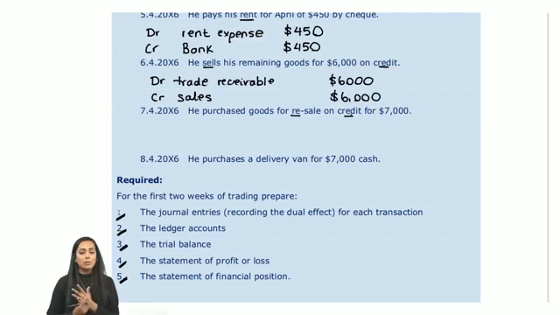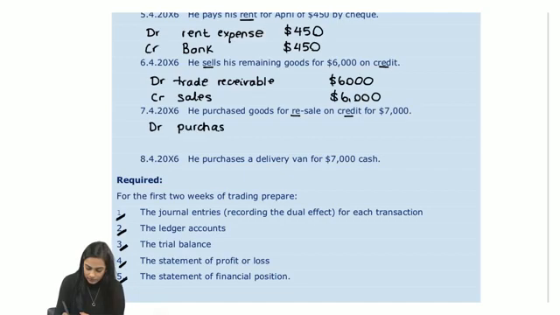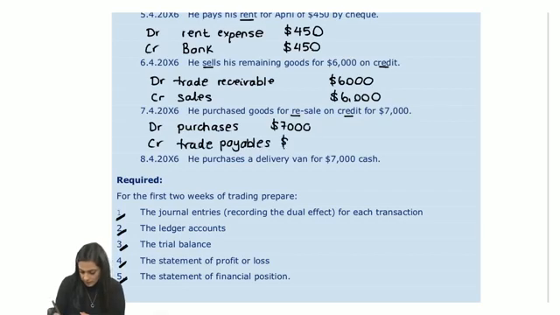And if you owe your supplier money, that's a liability, so trade payables go up. So increase your expense first. Debit purchases, $7,000, and credit trade payables, $7,000.